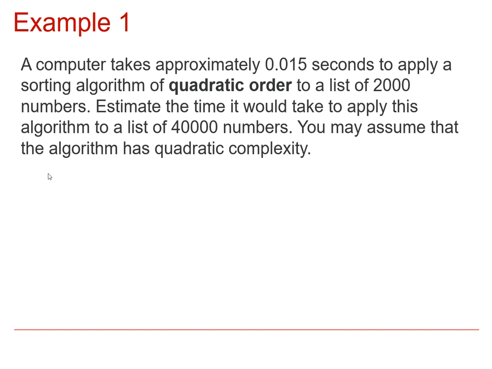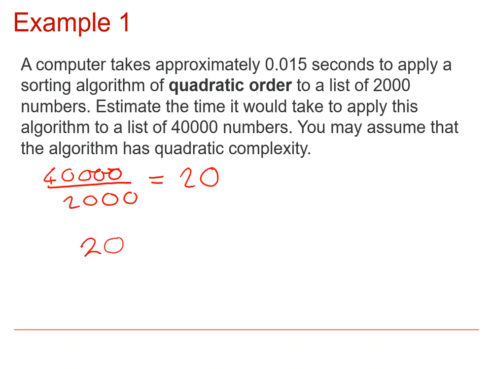So if we take the 40,000 and divide it by 2,000, we can see that this is clearly 20 times larger. If this is 20 times larger, the time is going to grow proportionally to the square of this, so we need to square that factor, because we're dealing with a problem of quadratic order.